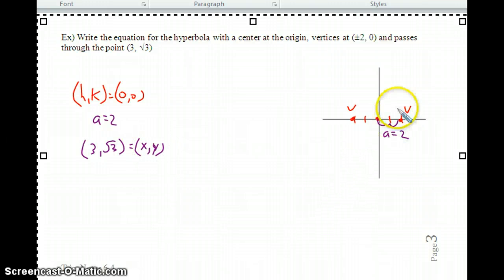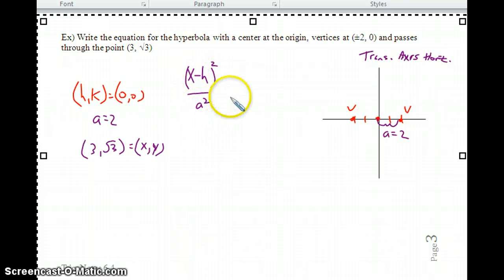Okay? So what I know now is since the vertices are going horizontal, the transverse axis is horizontal. Which means that the generic form of the equation would be the x minus h squared portion first over the a squared.